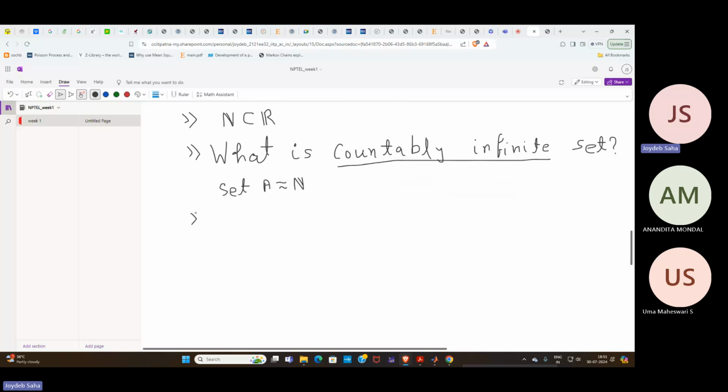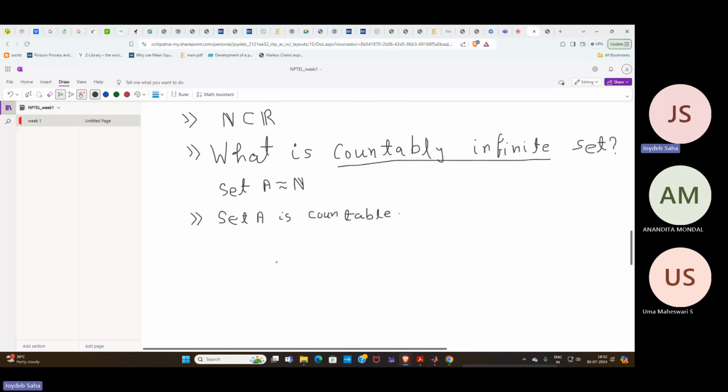Now, second question. Let us say that set A is countable. What does this mean?